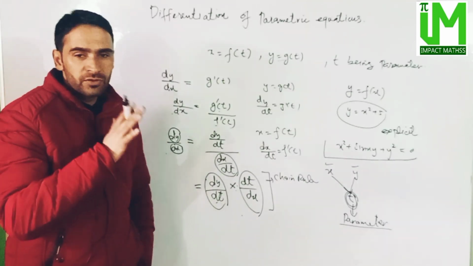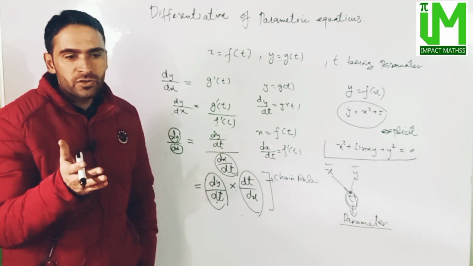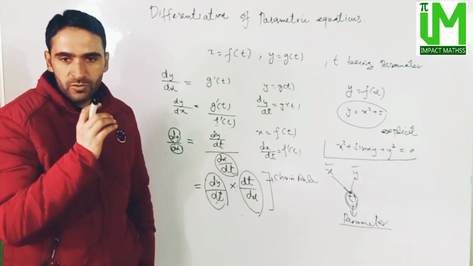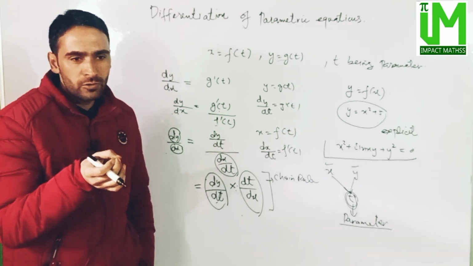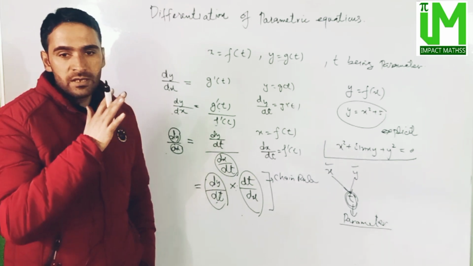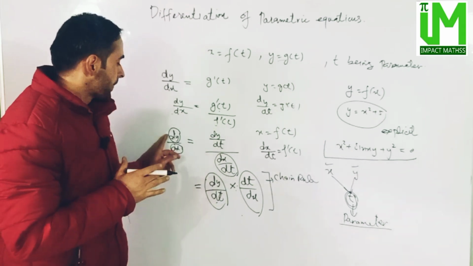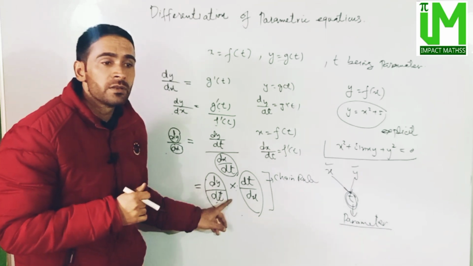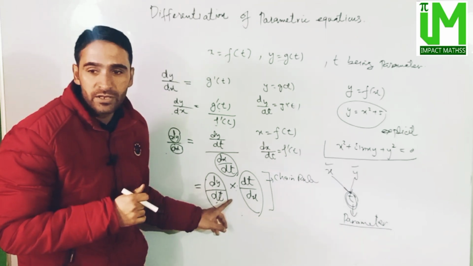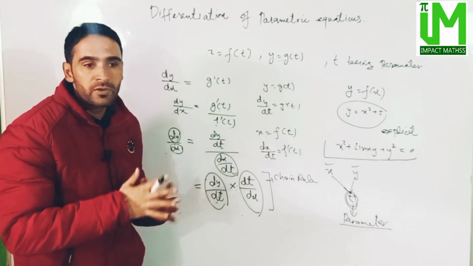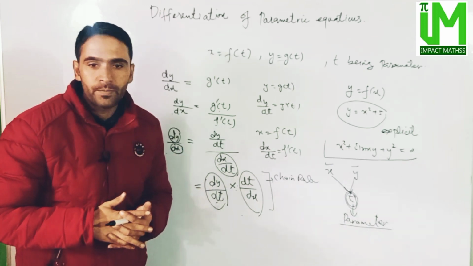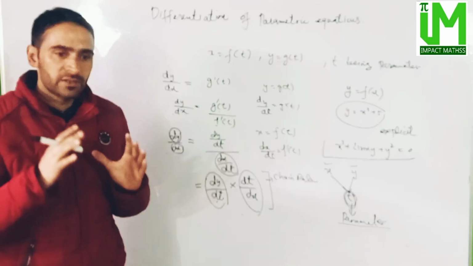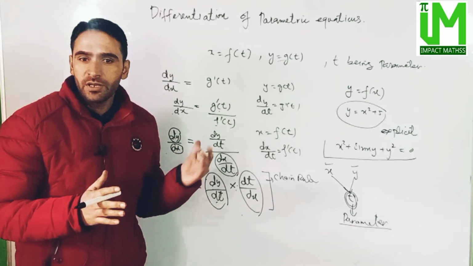We have already seen the differentiation rules and results, so simply we have to find the derivatives, and then dy by dx is equal to dy divided by dt into dt divided by dx. Understood? So shall we proceed?